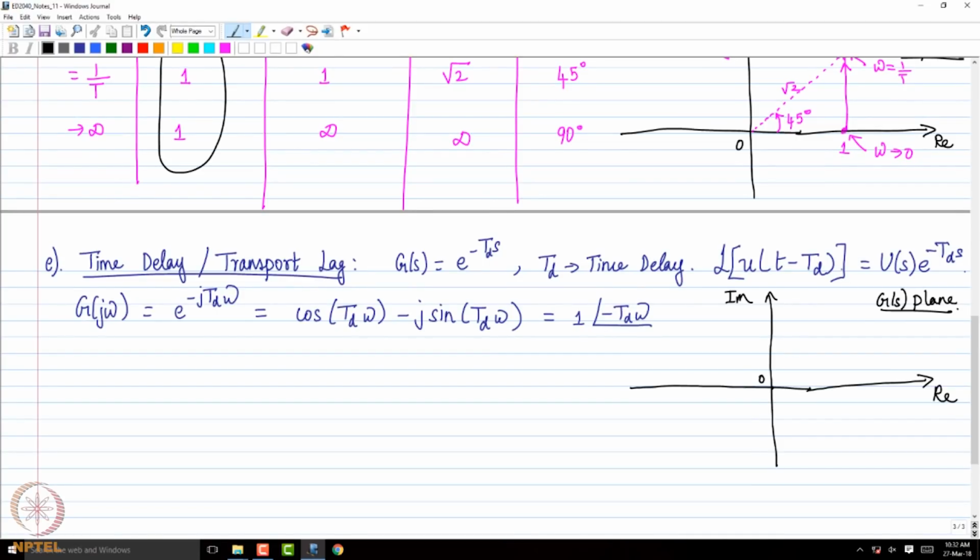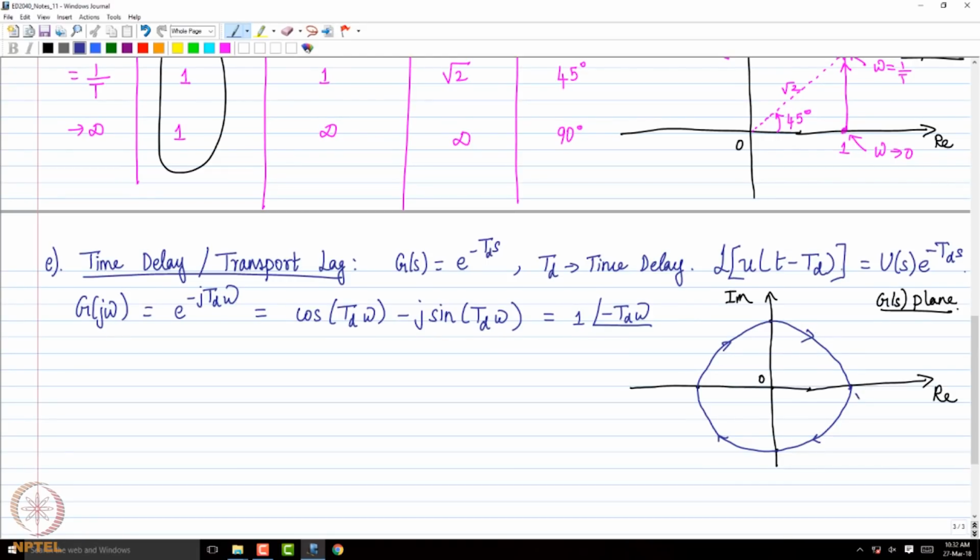If you plot it, I'm just going to try my best to draw a circle freehand. Let's see how it goes. Essentially I'm going to get a circle, which goes like this.